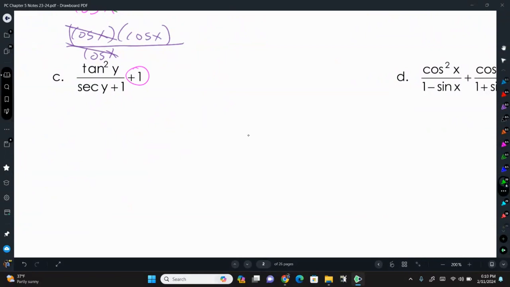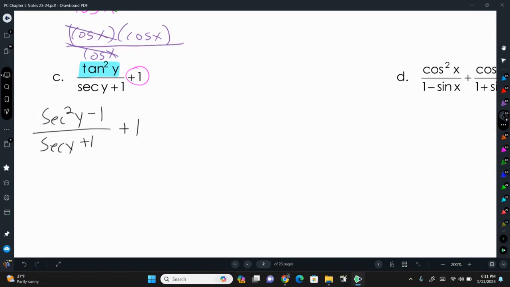On our identity sheet, tangent squared is equal to secant squared minus 1. So then secant squared y minus 1 over secant y plus 1, plus 1.